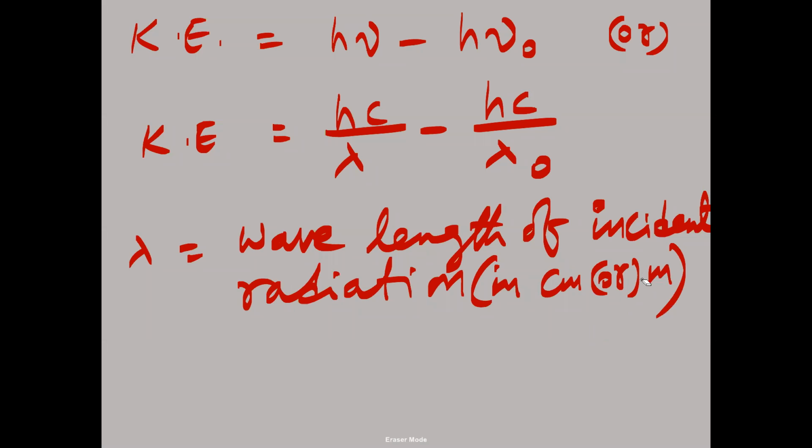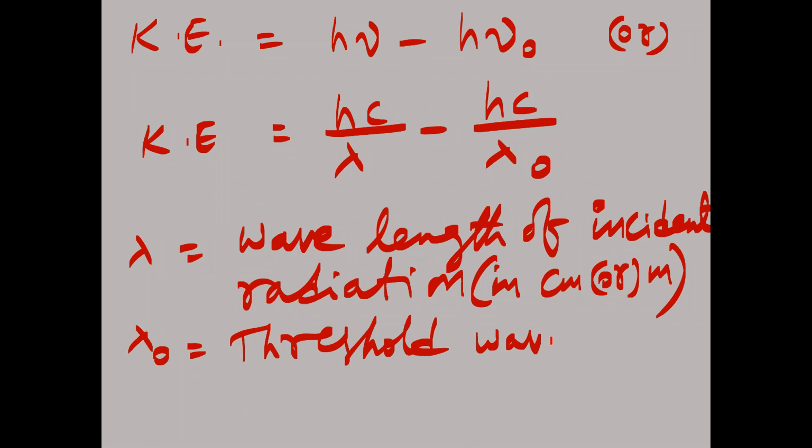If you take the h value as 10 power minus 34 joule second, we take meters. If you take the h value as 10 to the power of minus 27 erg second, we take the lambda value in centimeters. And what is lambda naught? Lambda naught is the threshold wavelength.